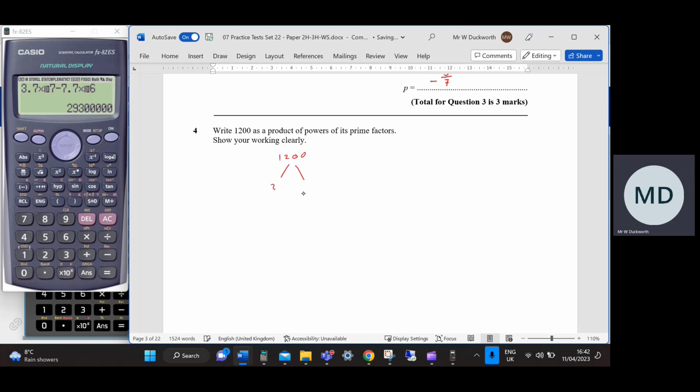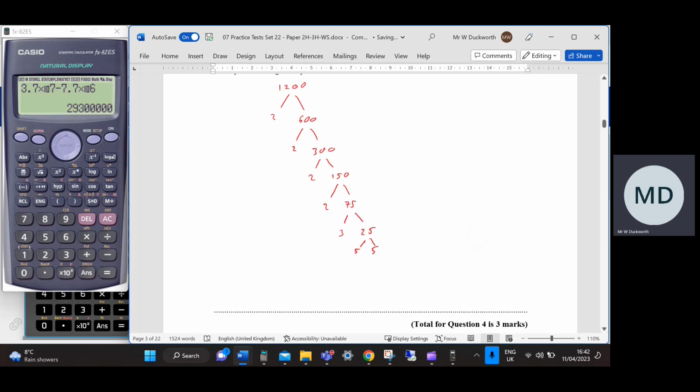So I'm going to say that's 2 times 600, which is 2 times 300, which is 2 times 150, which is 2 times 75, which is 3 times 25, which is 5 times 5. So I'm looking at the product of its prime factors. That would be 2 to the power 4 times 3 times 5 squared.